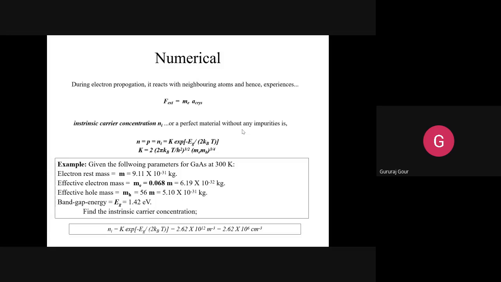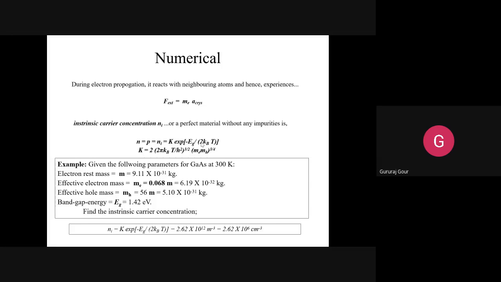So the intrinsic carrier concentration Ni, for N or P, will be given by K e to the power of minus Eg by 2 kBT. Why are we defining it? Because it constitutes your actual density of current, pure current, how much you are getting.